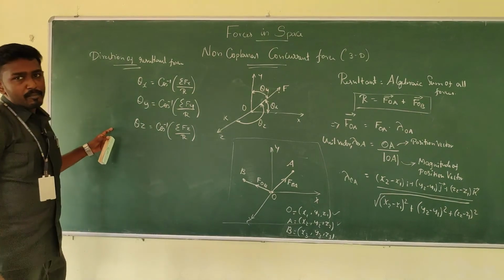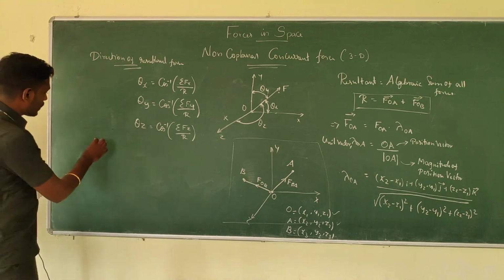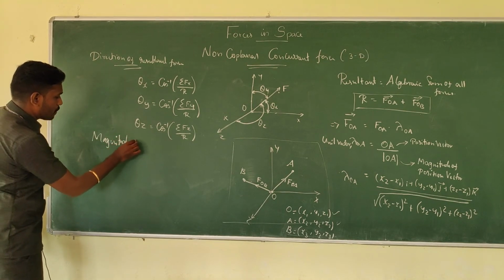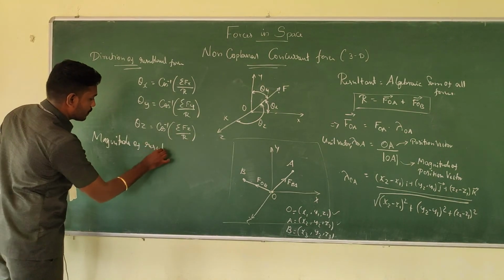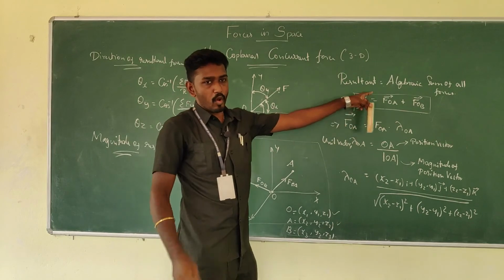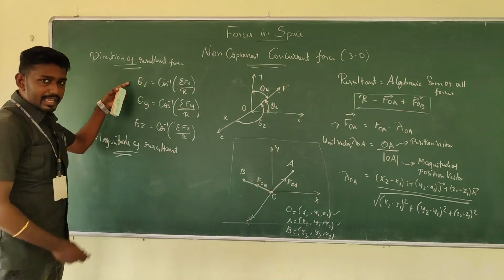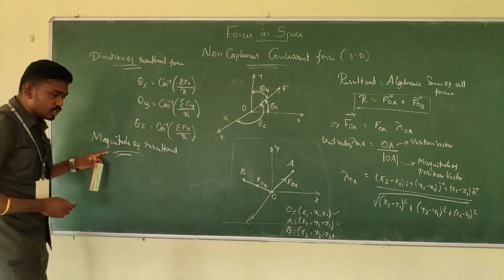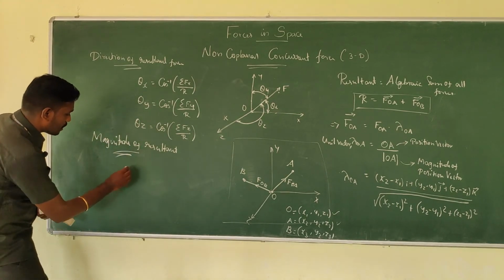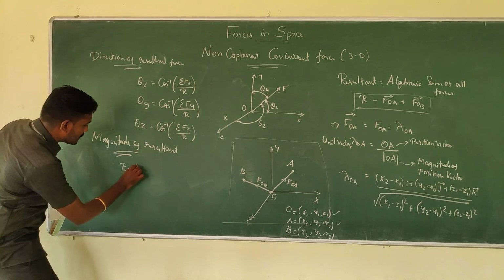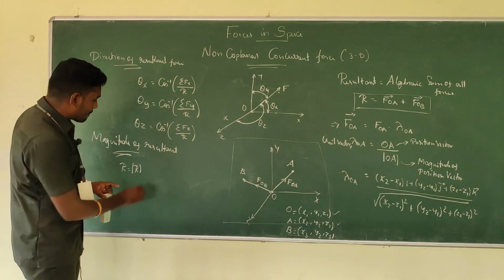Then the magnitude of the resultant. For the resultant force, we need to add all the forces. When calculating the directions, we go with this formula, and the magnitude of the resultant is easy. When calculating the magnitude, we need to take the determinant of the resultant.